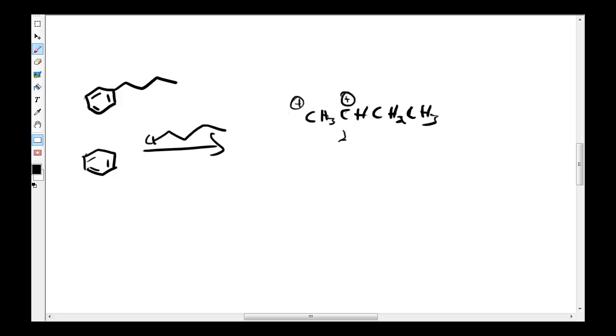So we need to find a way to avoid that, and this happens with any chain of carbons that's more than 3 in length. Actually, if it's 3 in length, you're going to have to do the acylation, which is where you take a compound containing a ketone, sorry, and you react it with the benzene ring.